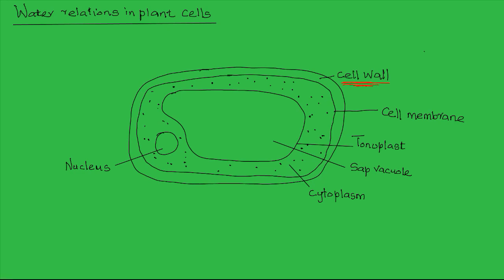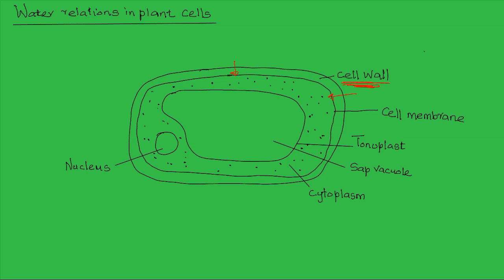Beneath the cell wall, there is the cell membrane, also known as the plasma membrane, that is semi-permeable and controls what enters and leaves the cell. Most plant cells have a large, usually centrally placed subvacuole. The subvacuole contains solutes dissolved in water.